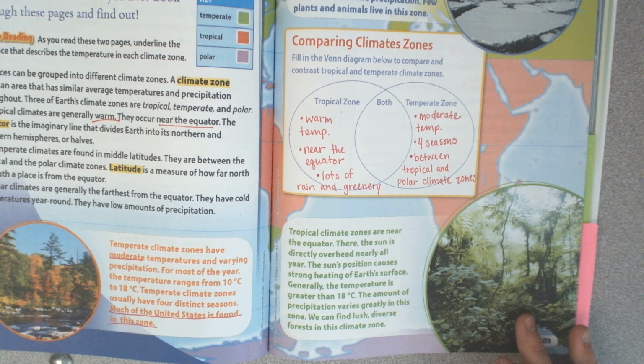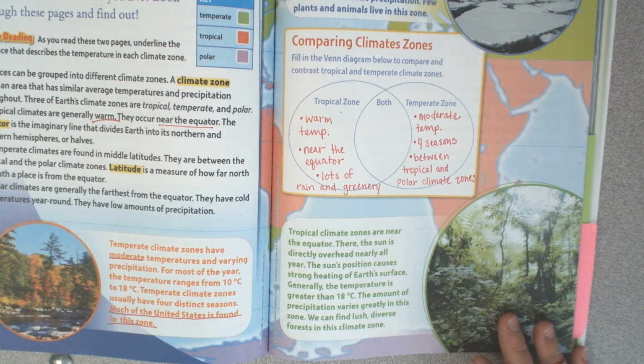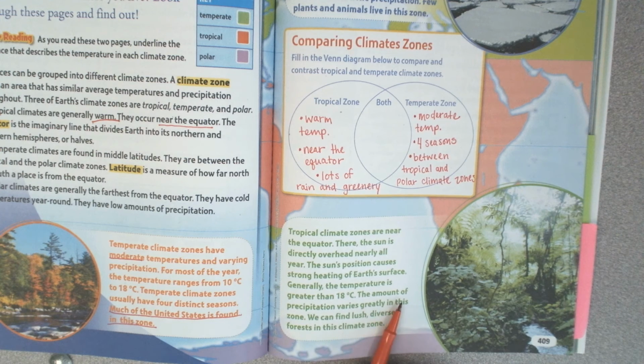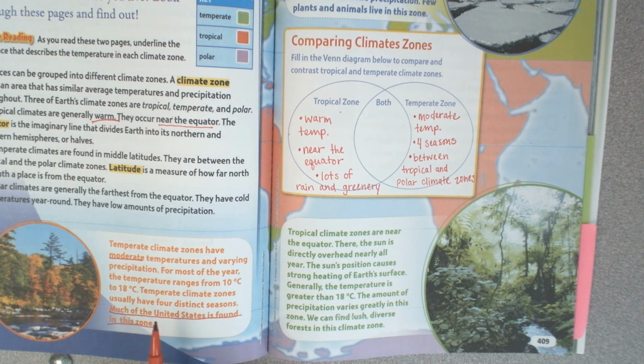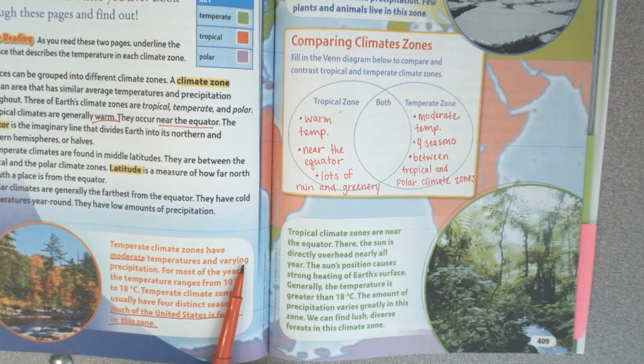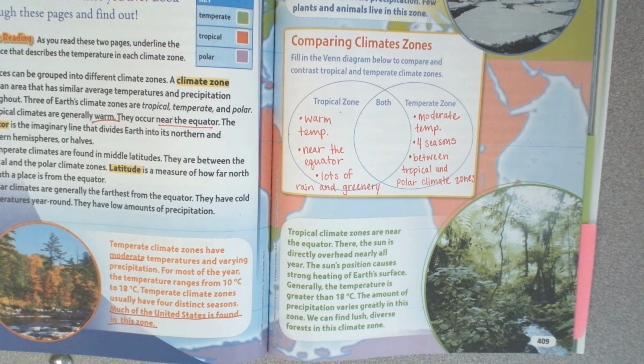Both, well, we do get precipitation, right? The amount of precipitation varies. Varying precipitation. So a varied precipitation, we could put that for both.